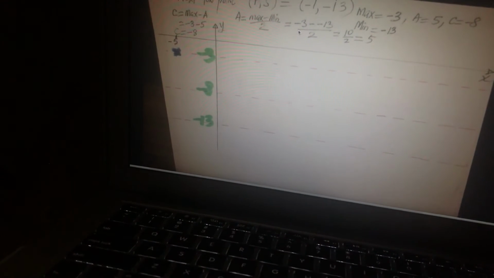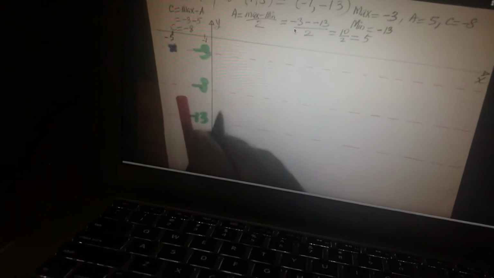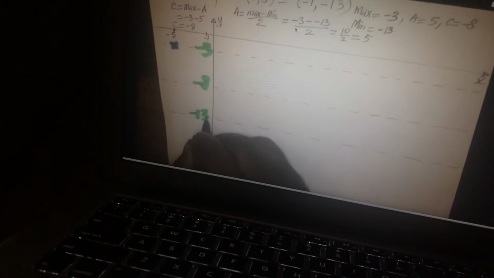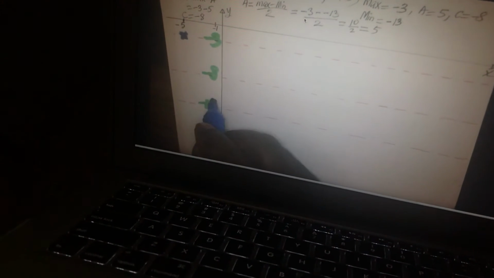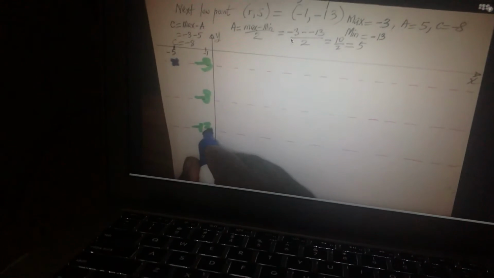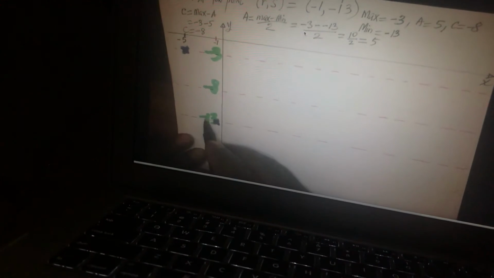And there's a low point at -1. -1, -13. I'm going to use a blue pen and mark this point here. That's my low point, which is -1, -13.